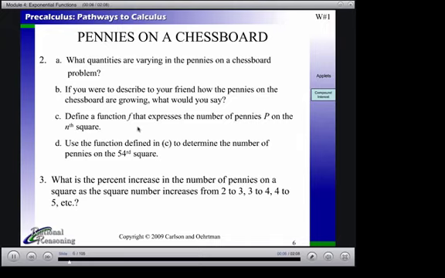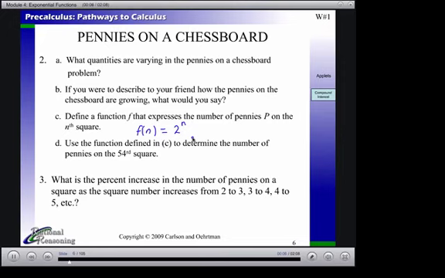So a function f, we said what's the input? The square number is the input. And then how do we get the number of pennies on the nth square? 2 raised to the n. Which means what? 2 repeated by the number of the square.